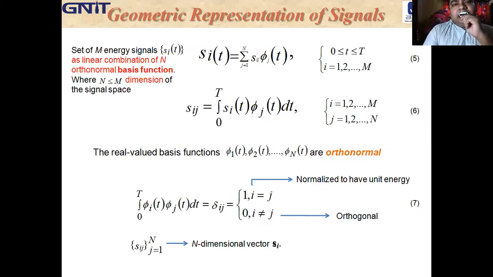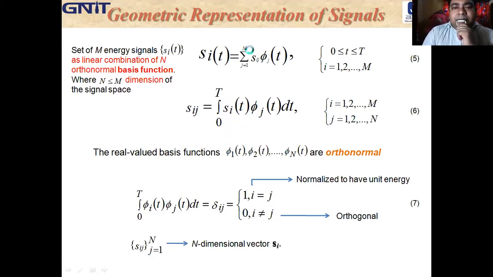The essence of geometric representation of signals: for a set of M energy signals, si(t) is basically a linear combination of N orthonormal basis functions, and this can be represented as equation number 5, that is si(t) is equal to summation over j equal to 1 to N, sij phi j(t), where the coefficients sij can be determined following equation number 6, that is integral from 0 to T of si(t) phi j(t) dt.